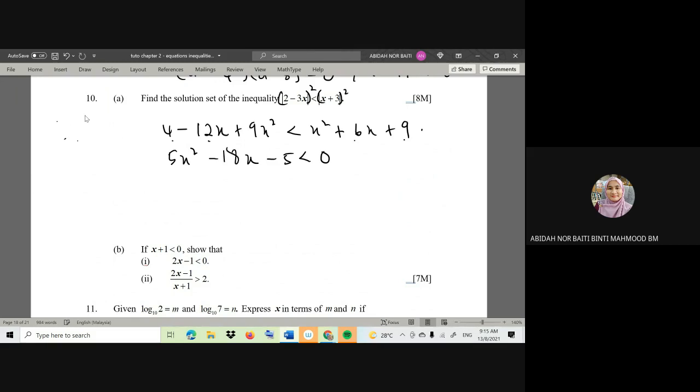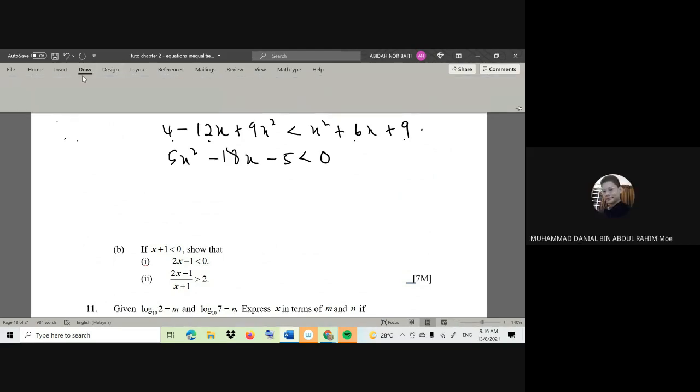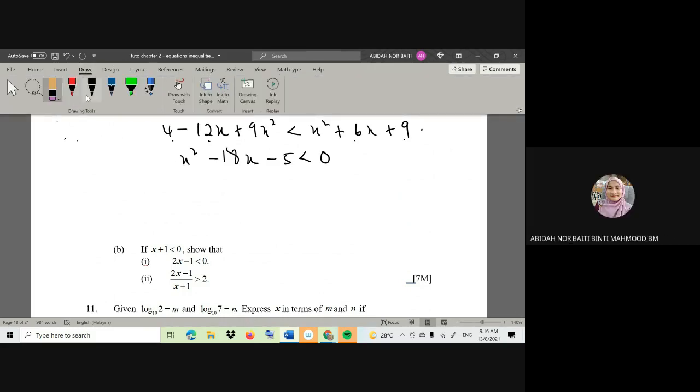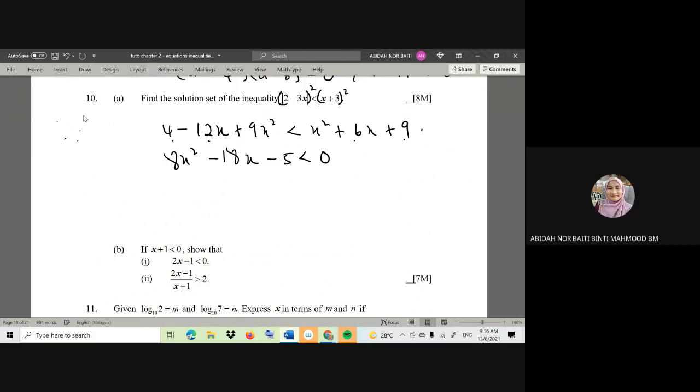Betul ke? Korang ni kira ke tak kira ni? Madam, kenapa 5x bukan 8x? Yelah tu lah. Tu saya suruh kamu kira. Kalau tak nanti saya buat salah. Betul tak ni? Betul. Betul dah ya?